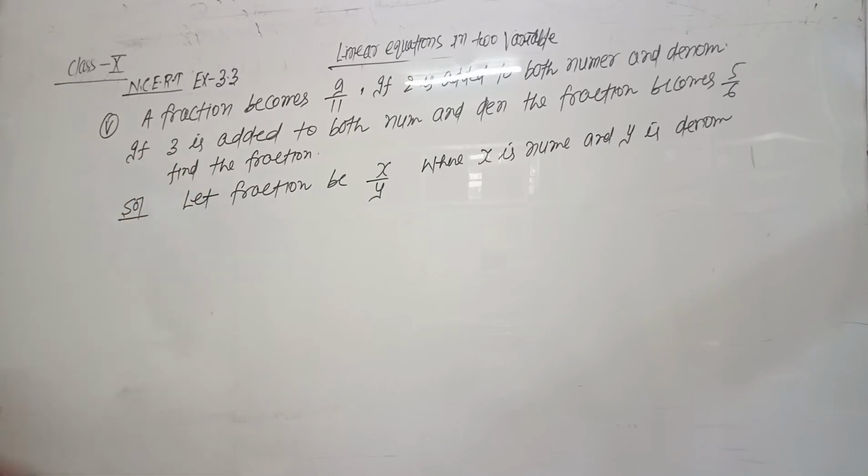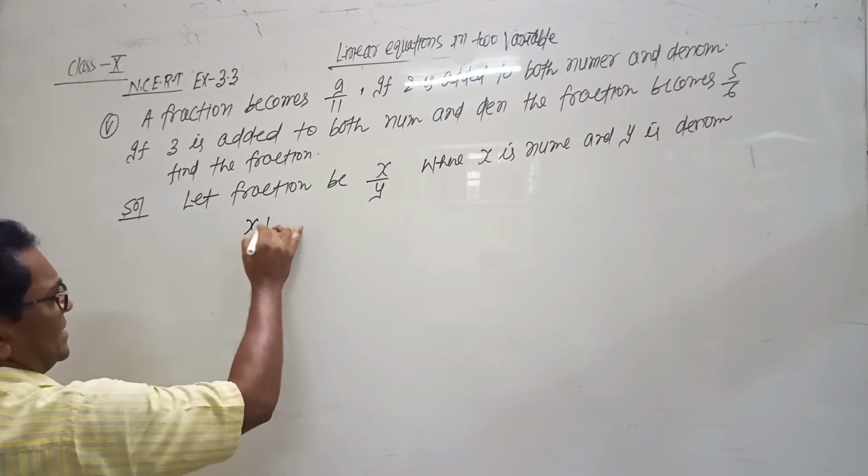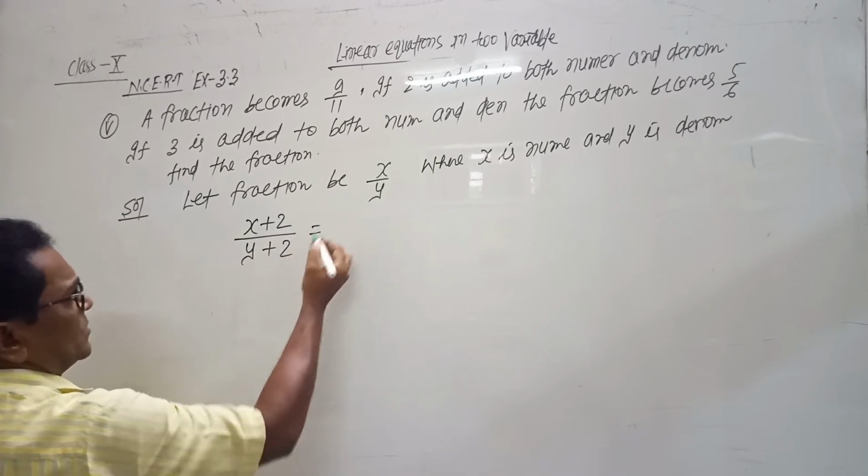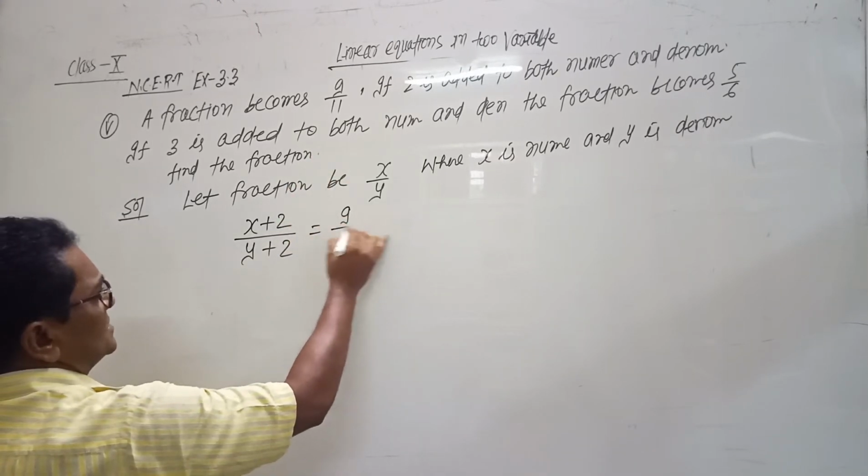Now the statement is: a fraction becomes 9 by 11 if 2 is added to both the numerator and denominator. 2 is added to the numerator and 2 is added to the denominator, then the fraction becomes 9 by 11.